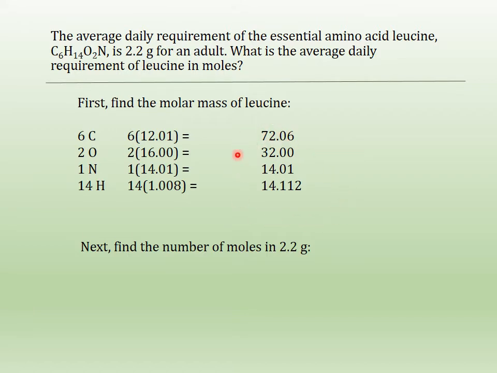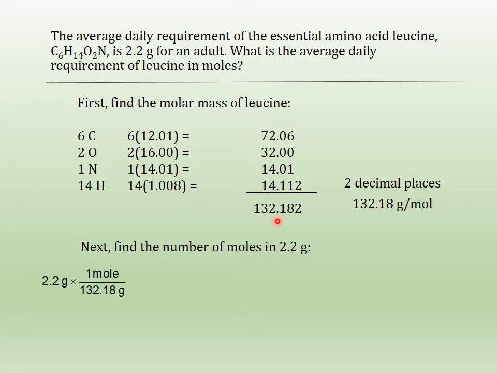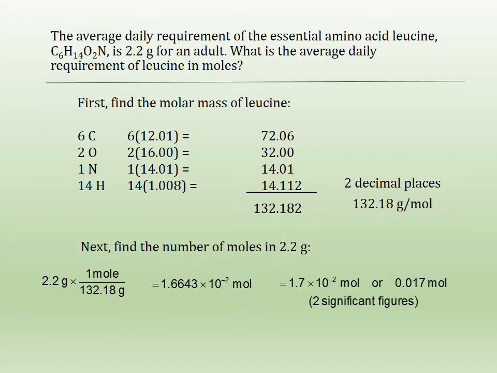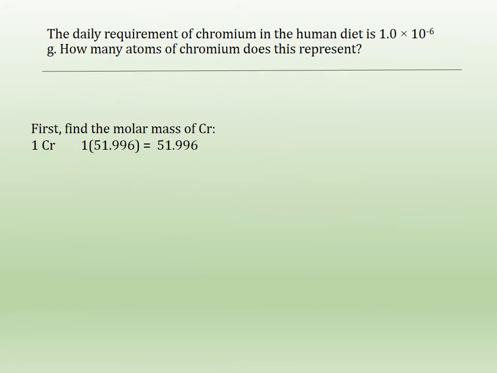Find the mass of leucine. The total mass is 132, and then go ahead and set up your problem just like before. 2.2 grams is the number that's given to you. You use the 132 as your conversion factor over here. You get the mass, convert it to the proper significant figures. It should be as simple as that.